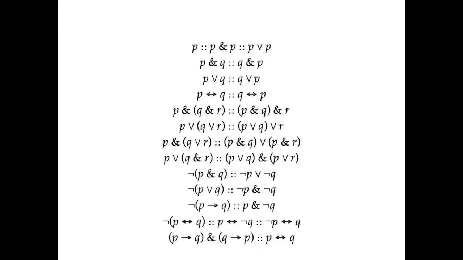Now, knowing those symbols, I'm going to put 2 slides up on the board that are nothing but homework problems. Here's the first one. You can see that all of these arguments on the board say that different statements are logically equivalent to each other.